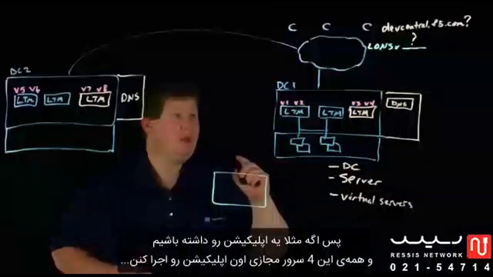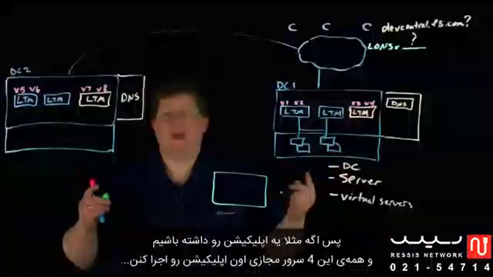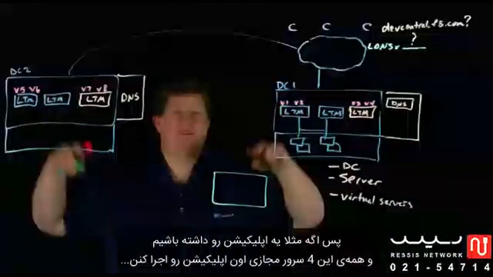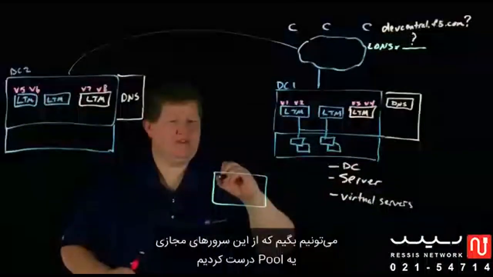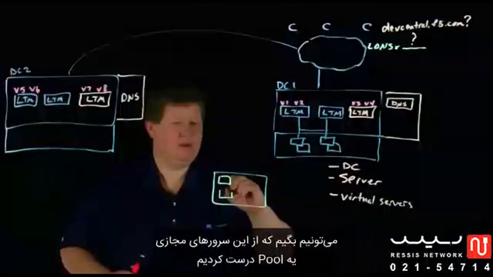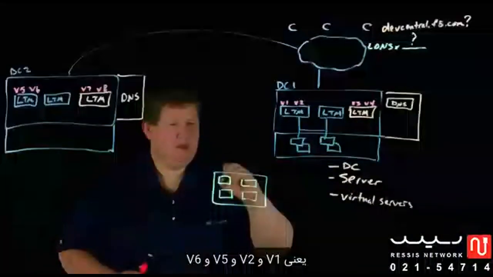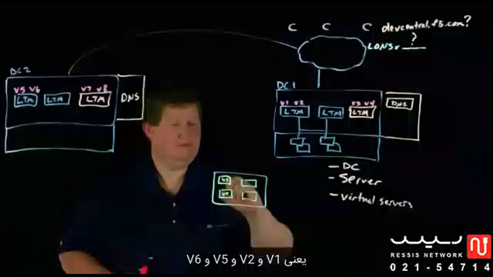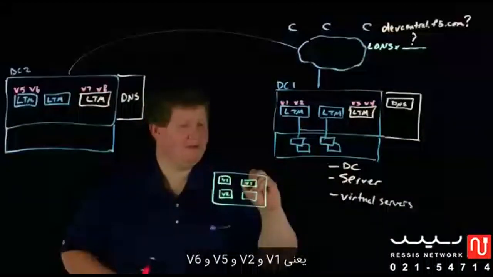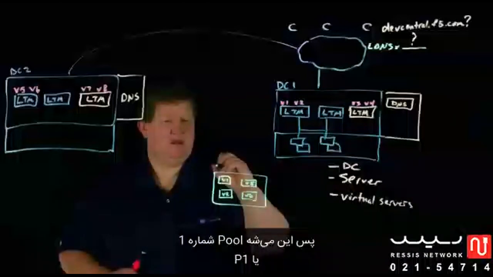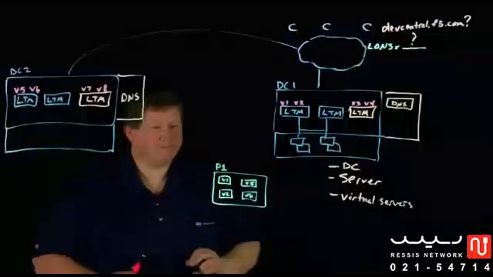So say we have one particular app and all four of these virtual servers are in that particular app, we can put these virtual servers in that pool: V1, V2, V5, and V6. Let's call that pool 1.